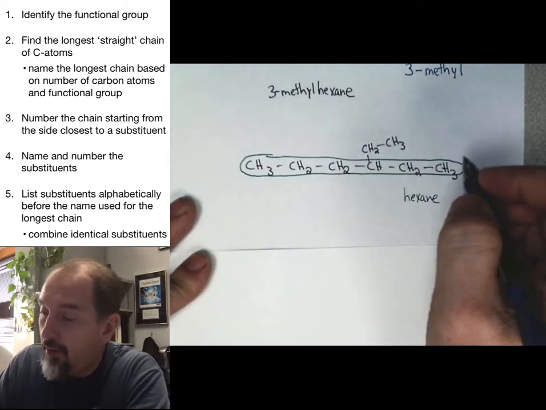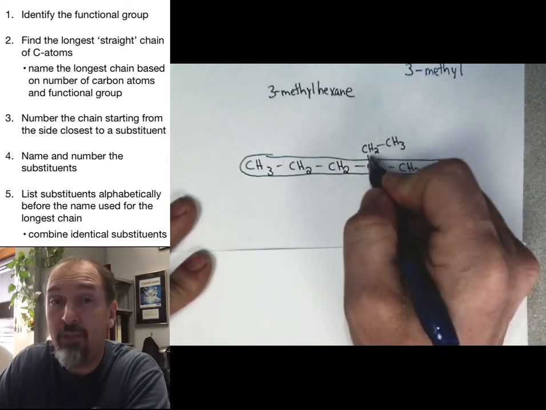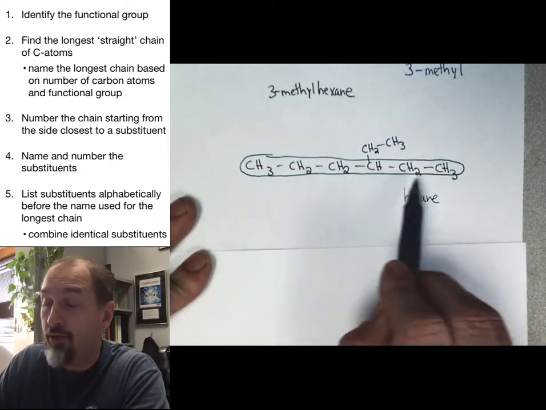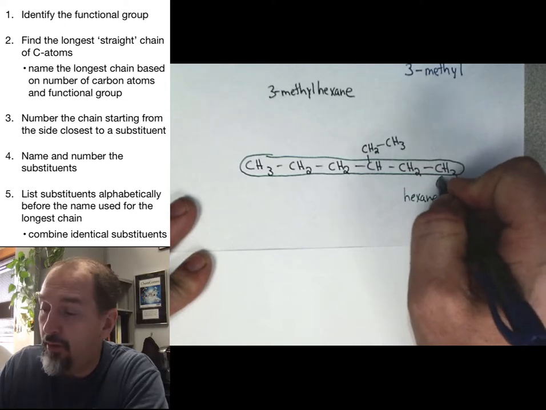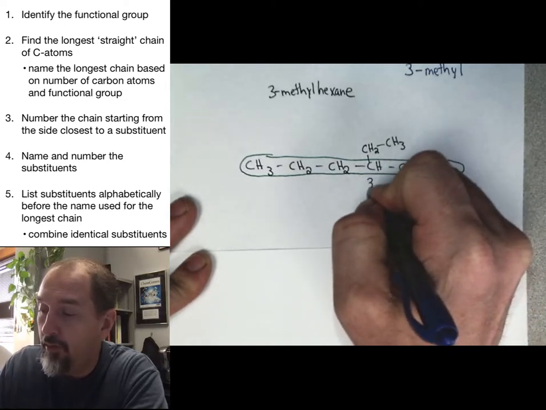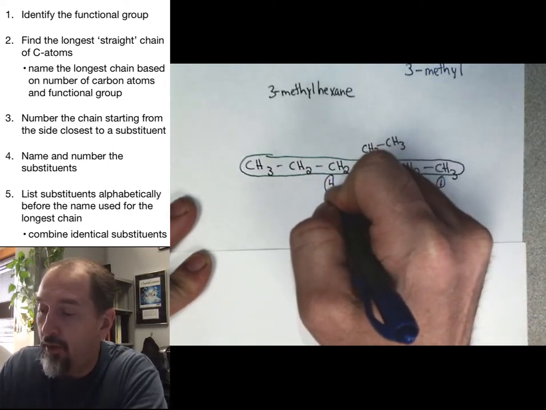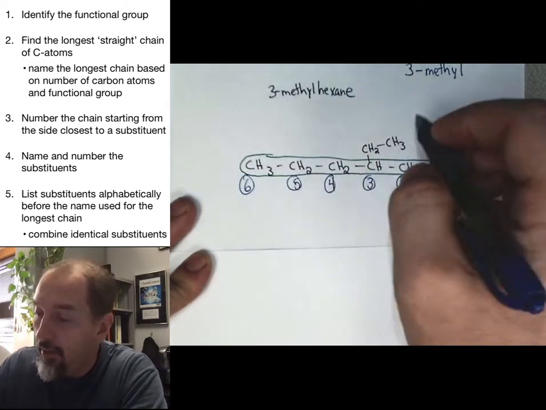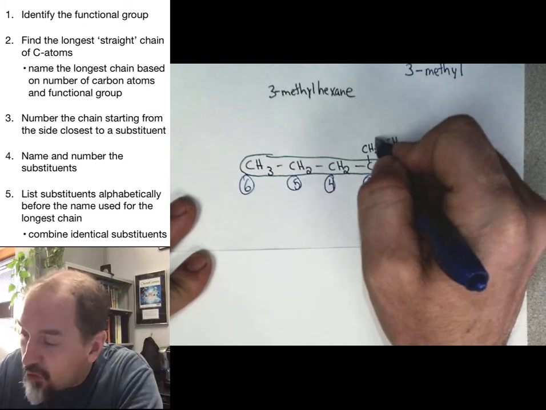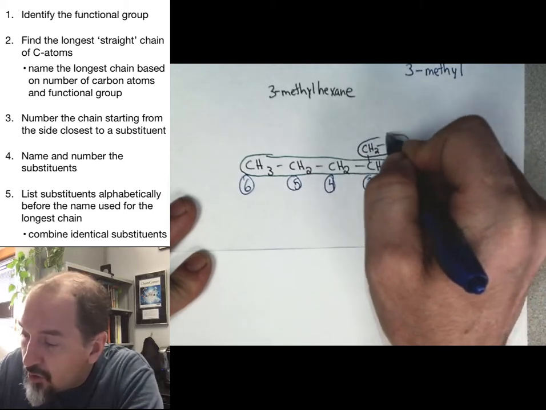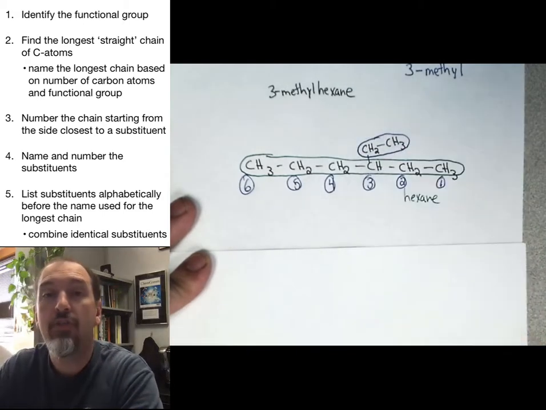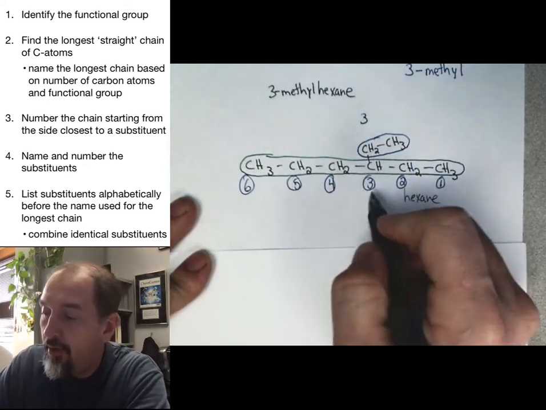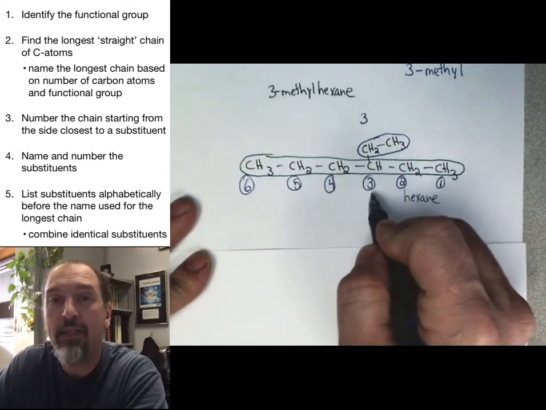Now we number. 1, 2, 3 gets me to a substituent versus 1, 2, 3, 4. So I'm going to number from the right side. 1, 2, 3, 4, 5, 6. Now I circle my substituents. That's a substituent. I can circle the whole thing in one circle, so I'm going to circle the whole thing. So this is on the 3rd position, 3rd carbon atom off the main chain.